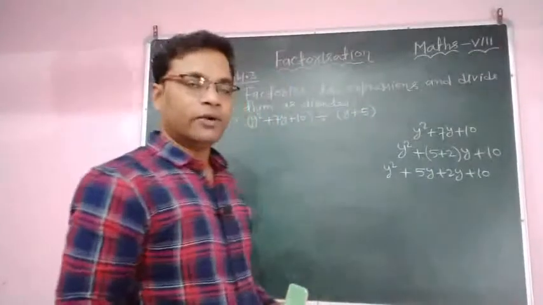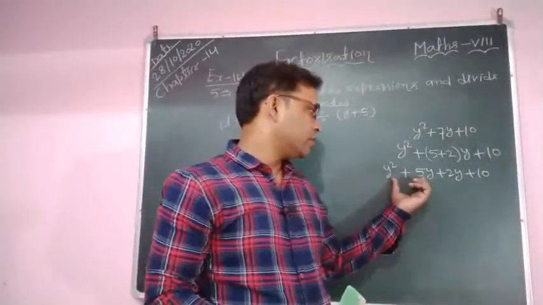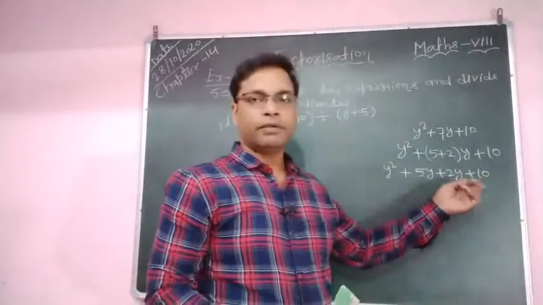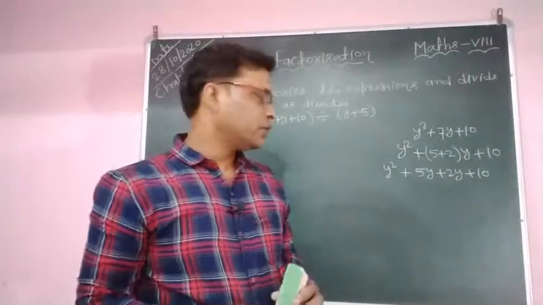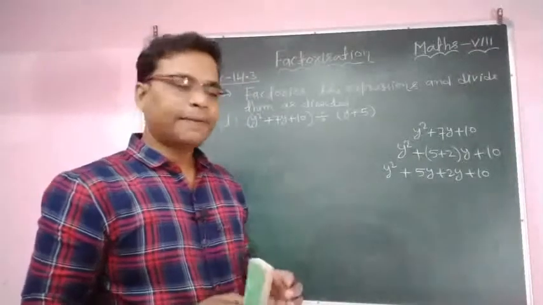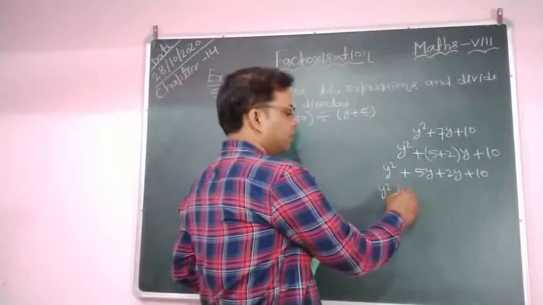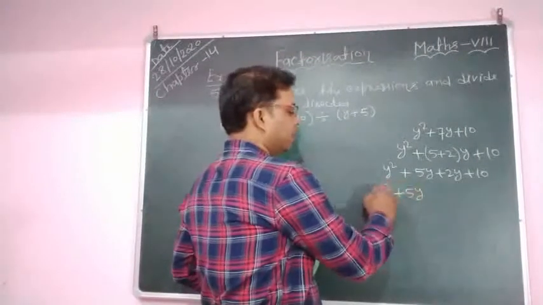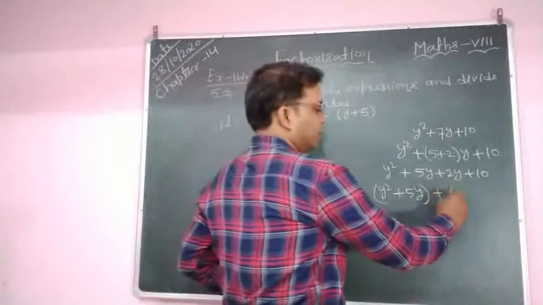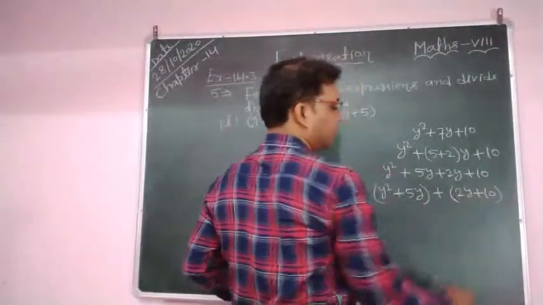Clear? Now you can see here 4 terms. So first we need to find its factorization. For this we group it, and we take y square plus 5y in one bracket, and in the next bracket 2y plus 10.